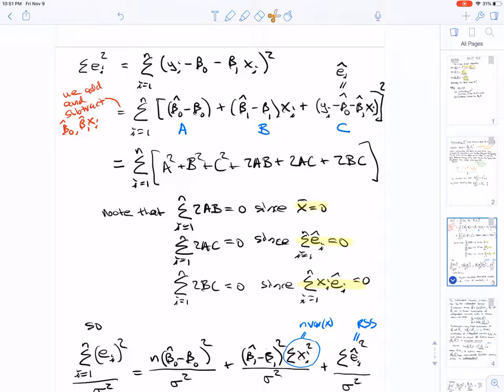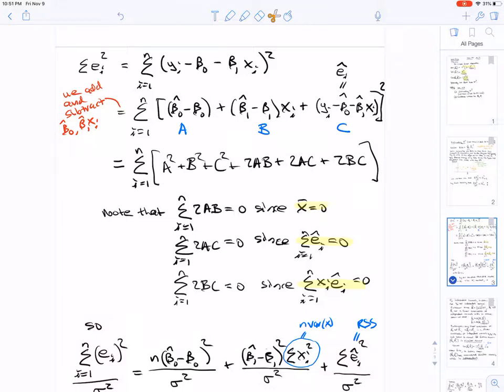The ith error term is yi minus beta 0 minus beta 1 xi, essentially our response minus the corresponding value on the true line, squared.